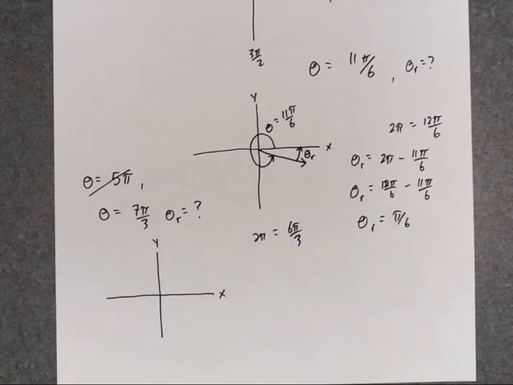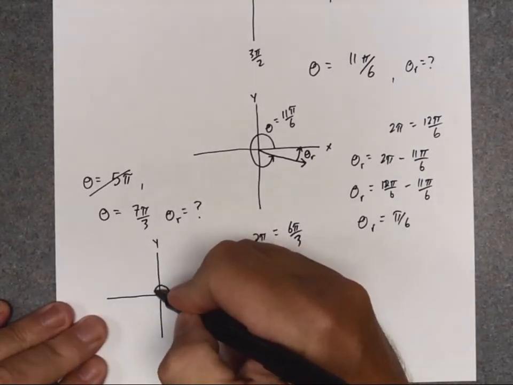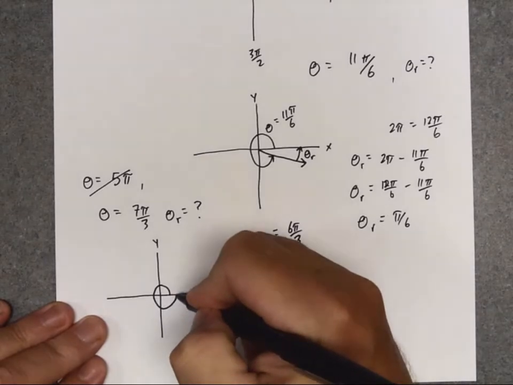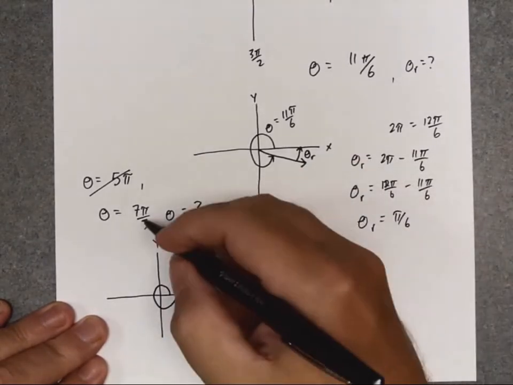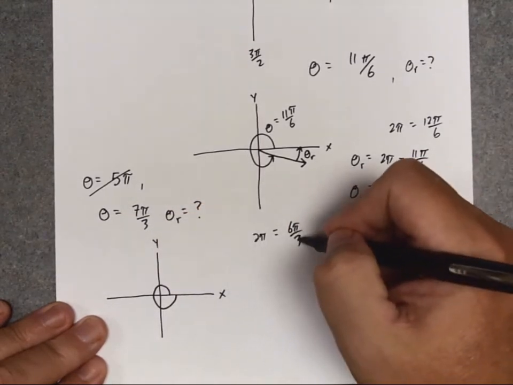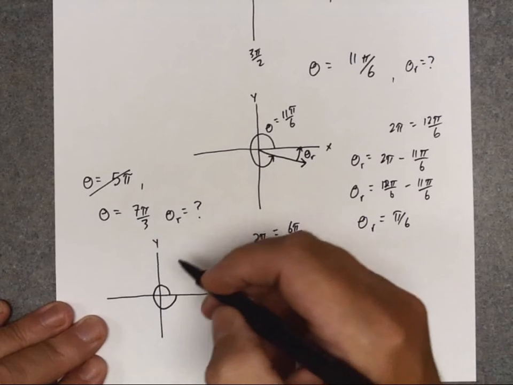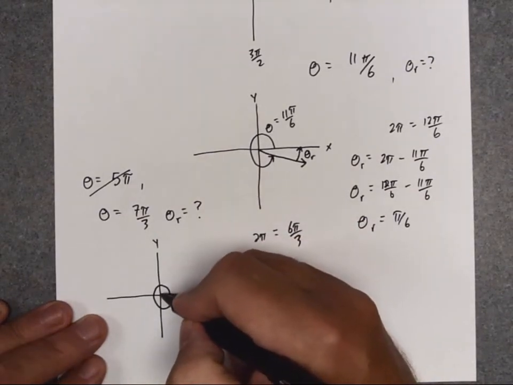And my angle is 7 pi over 3, so I know this angle is one trip around the circle, which is 2 pi, and then you go pi over 3 more. So it must be something like this.